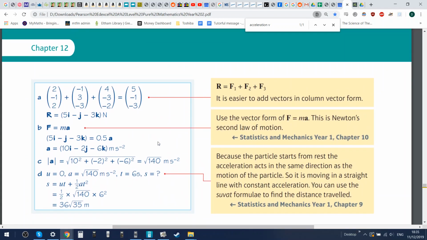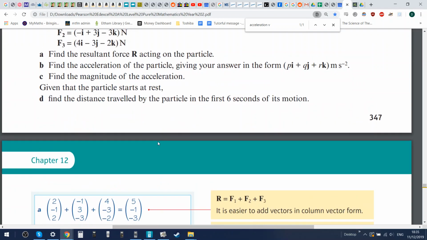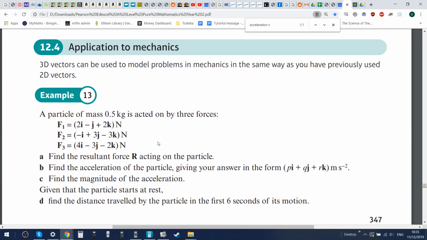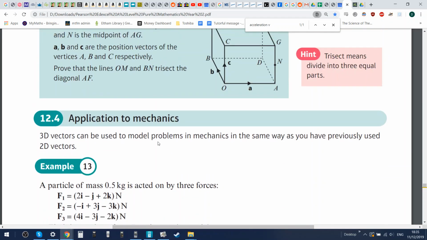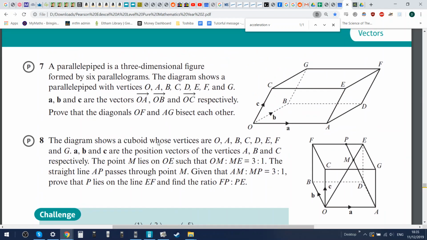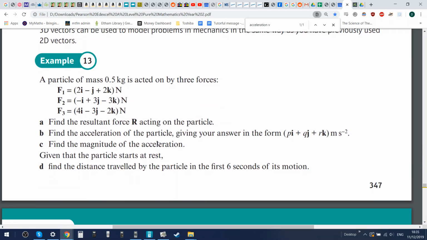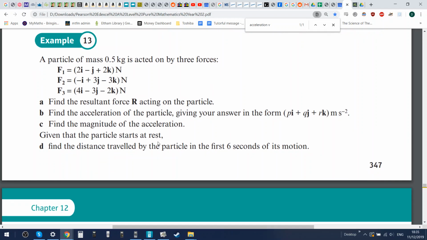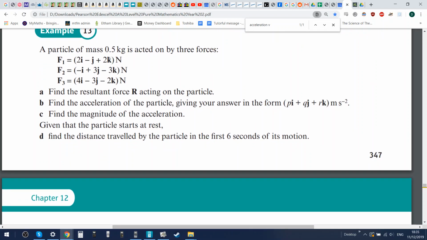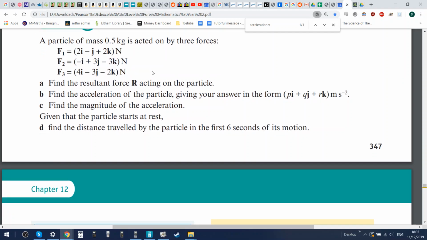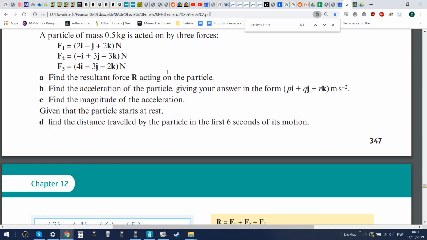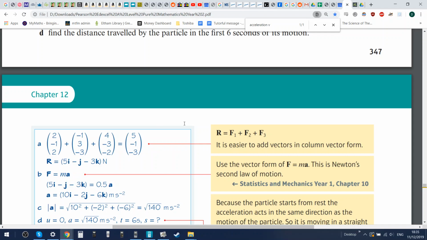I think the acceleration vector is the overall vector, so that should just be the same thing. So they had these 3 forces. Find the resultant force and then find the acceleration of the particle, giving your answer in vector form.